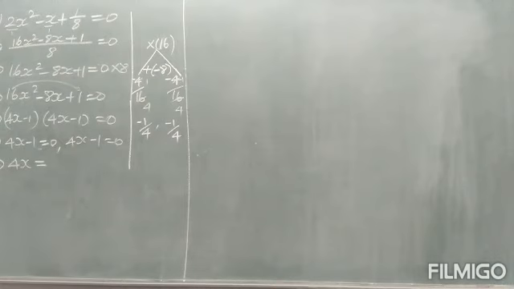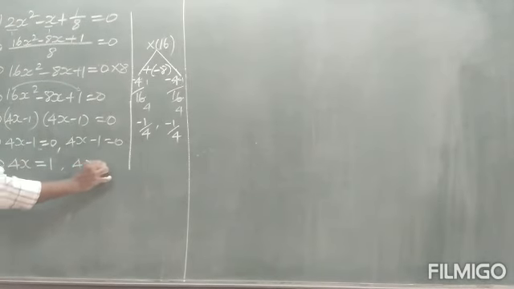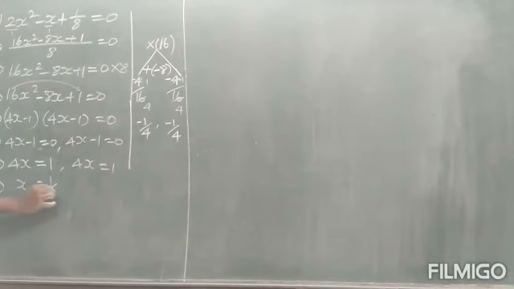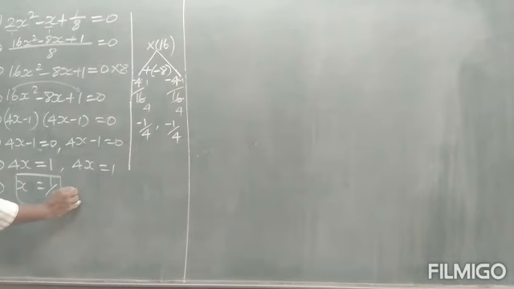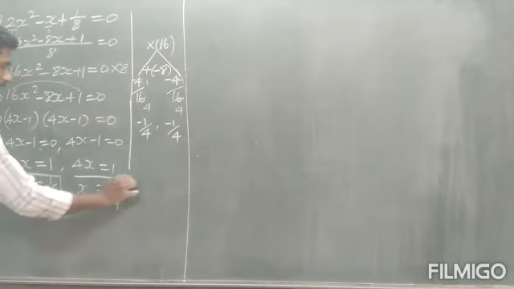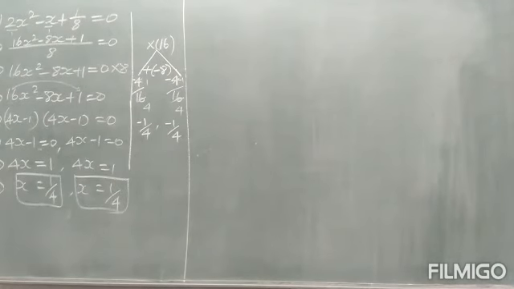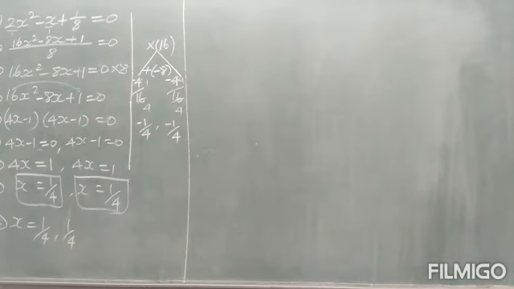Then x is equal to 1 by 4. The same again, x is equal to 1 by 4. Therefore the roots of x are 1 by 4 and 1 by 4.